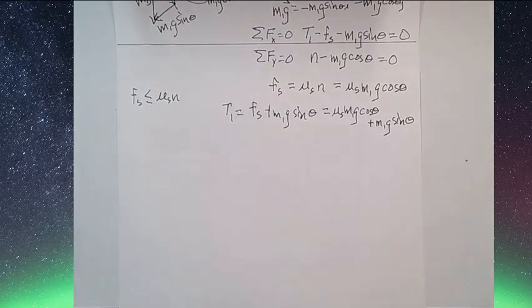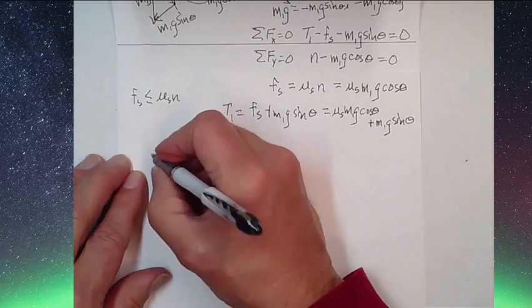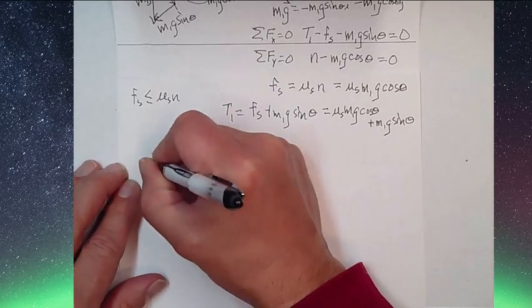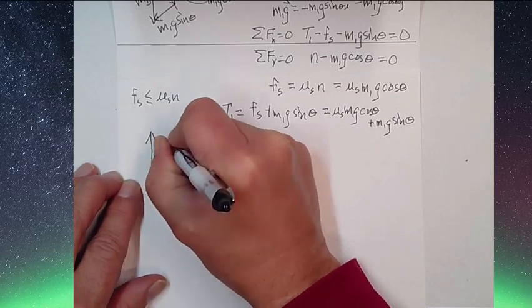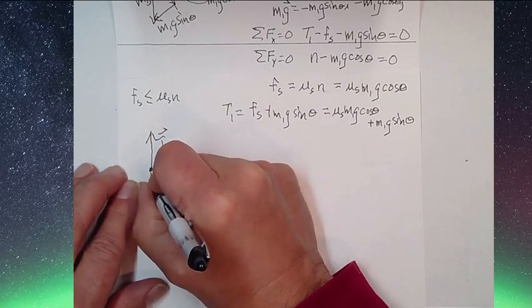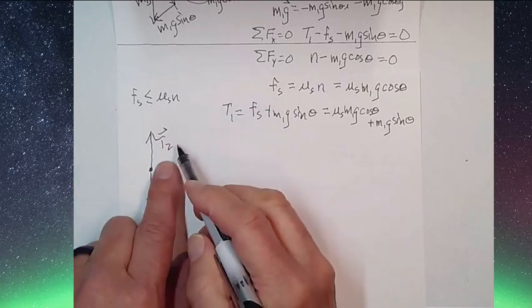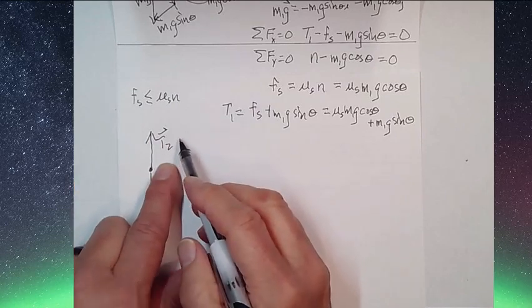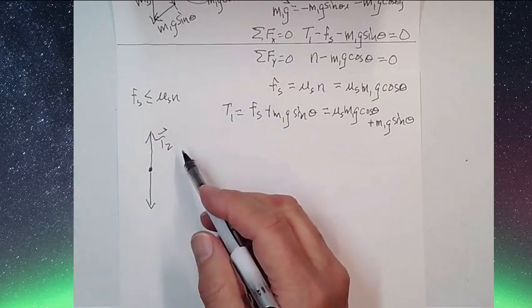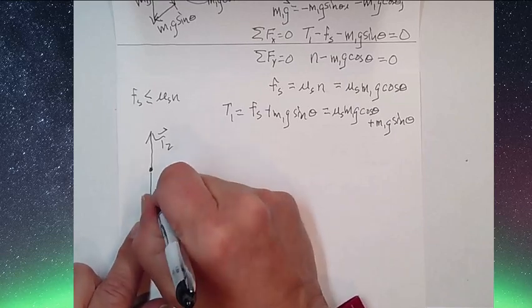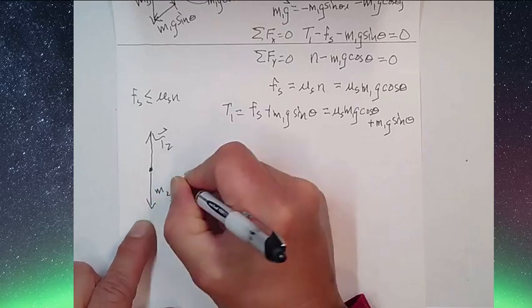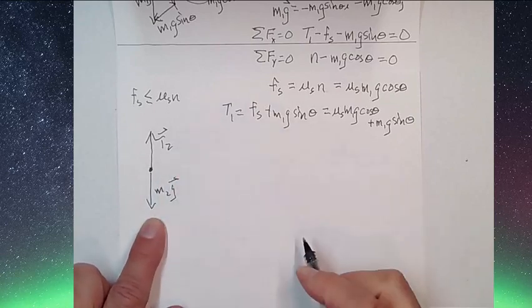But now I can start considering block 2. If I look at the forces on it, it's got an upward force of tension, which I'll call T2 because it's acting on block 2. As a vector, this one is not equal to T1, but magnitude-wise they're equal. Anyway, I'll also have m2g there.